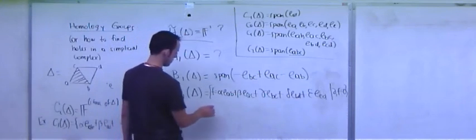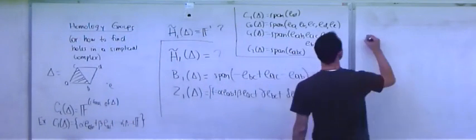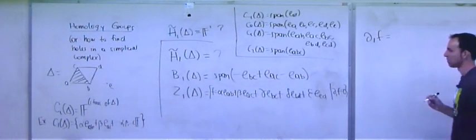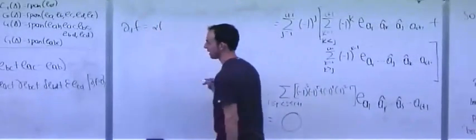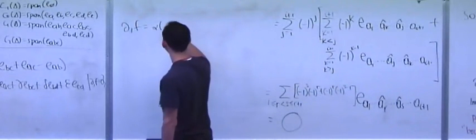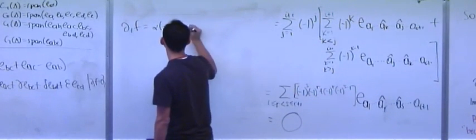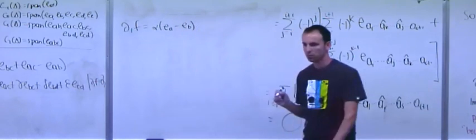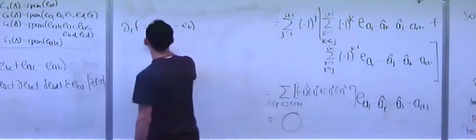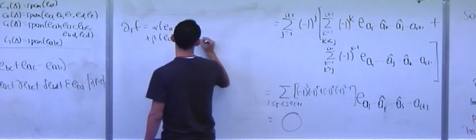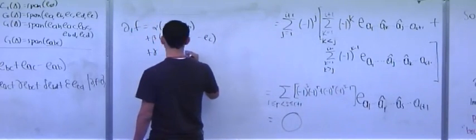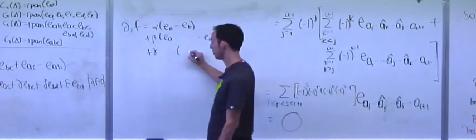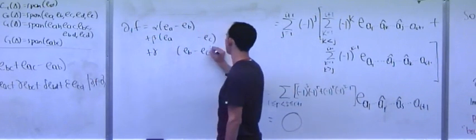So what's the boundary of this guy? Well, we have to compute it. So the boundary of alpha EAB is alpha times EA minus EB, right? The boundary of BC is EB minus EC.